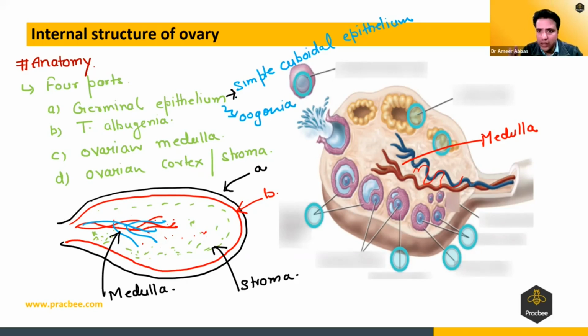Clear? The color of the ovary is grayish pink. The pink is due to the blood, and the gray color is given by the tunica albuginea. Clear? So tunica albuginea gives the gray color to the ovary. Clear here?